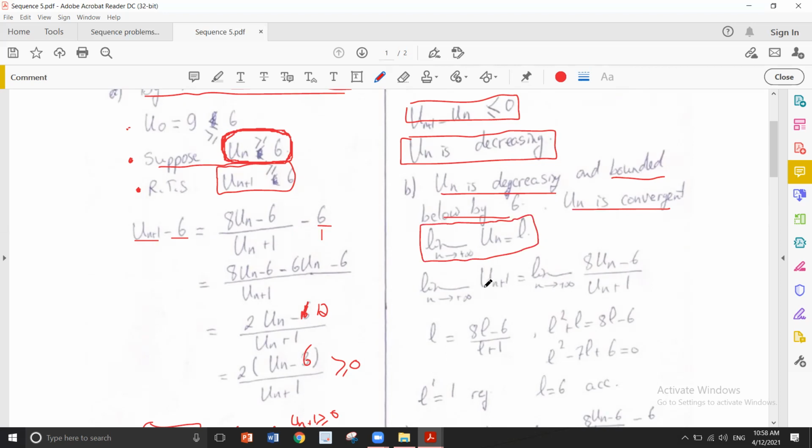For the given relation, I put the limit on each side. Then L equals 8L minus 6 over L plus 1.